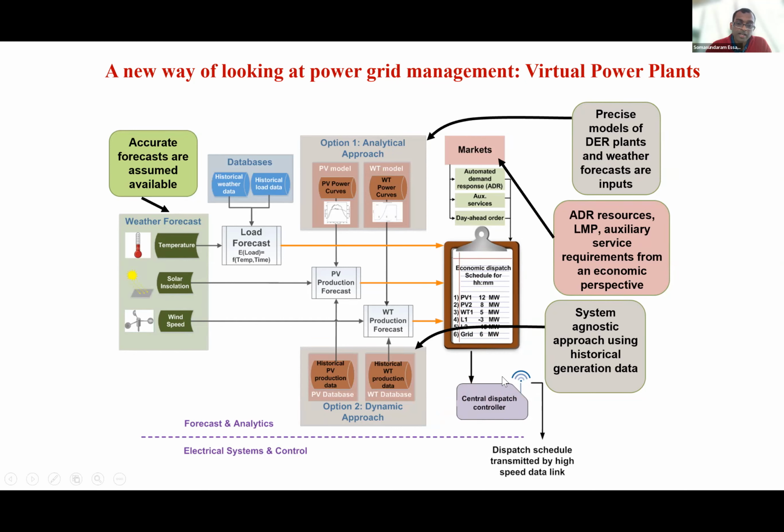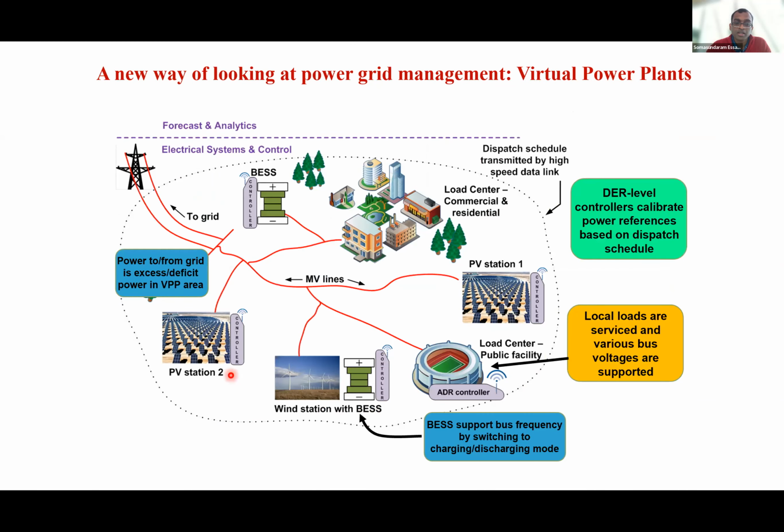And this dispatch, in the virtual power plant environment, can be sent to the different assets that exist in the field: you have a solar PV here, a wind PV here, a wind plus battery here, and then a solar PV again here. And then we have battery energy storage systems as well.